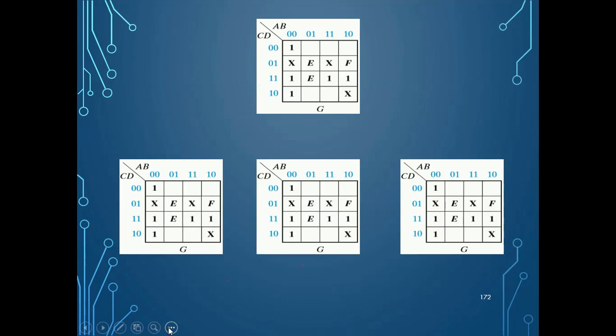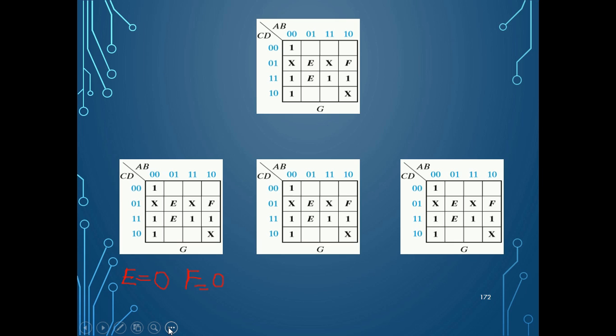From the previous slide, whatever K-map you got, the same thing is written here. Same K-map I have brought here, and let us solve the problem now based on the values of E and F, the entered variables. Suppose I consider E equal to 0, and F also equal to 0 in the first case.